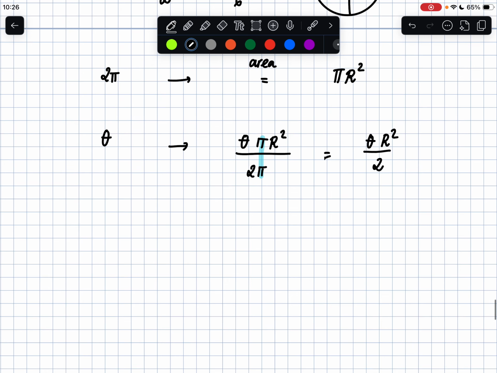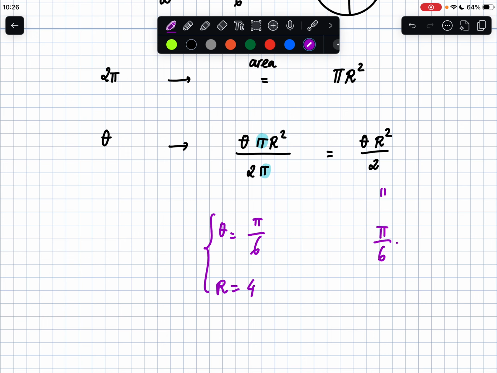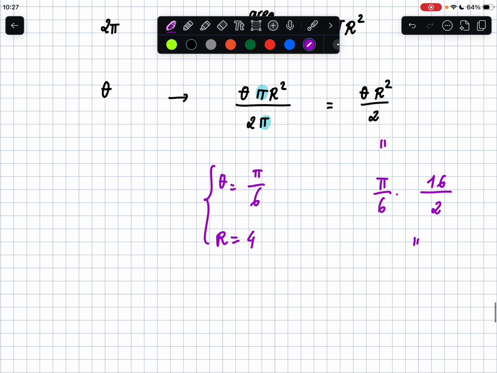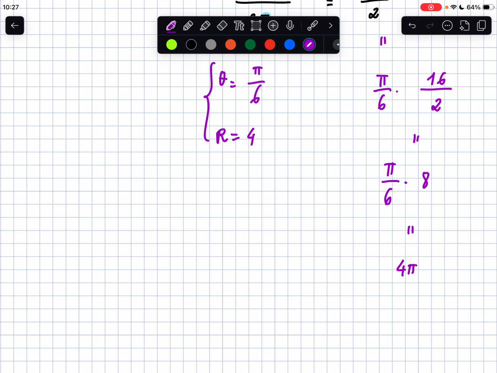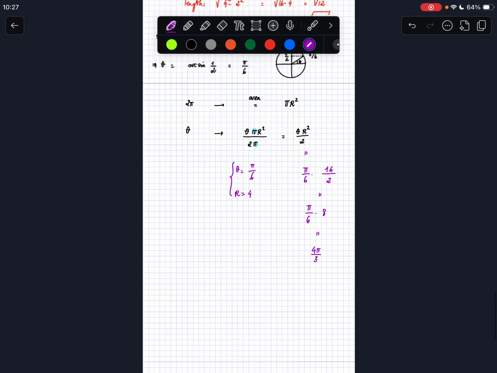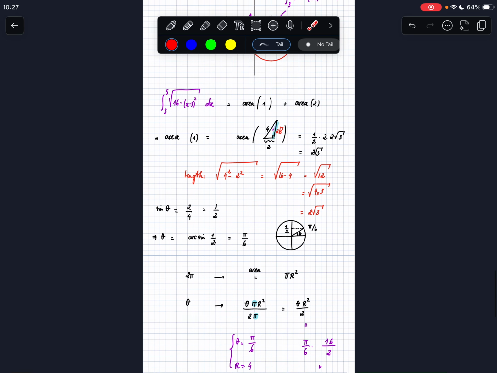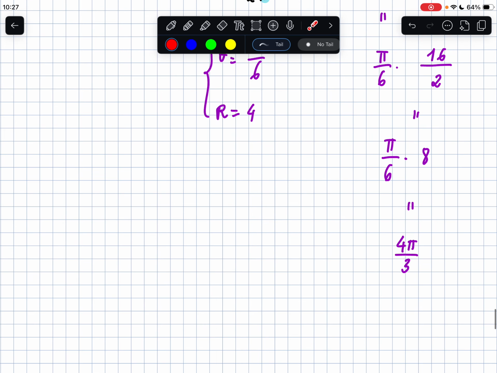The radius in our case is 4 and theta is pi over 6. So this is pi over 6 times 16 divided by 2, which is pi over 6 times 8, which is 4 pi over 3. This is the area of region 2: 4 pi over 3.